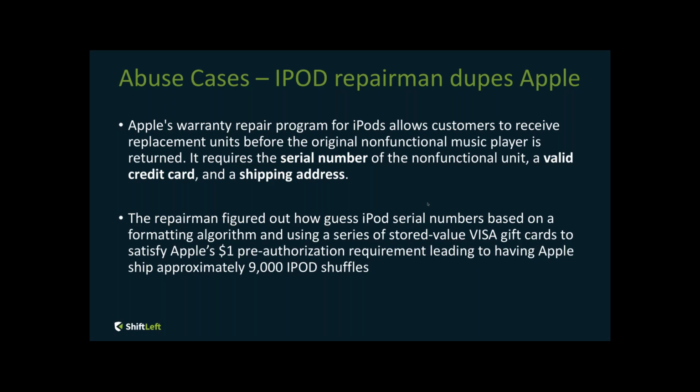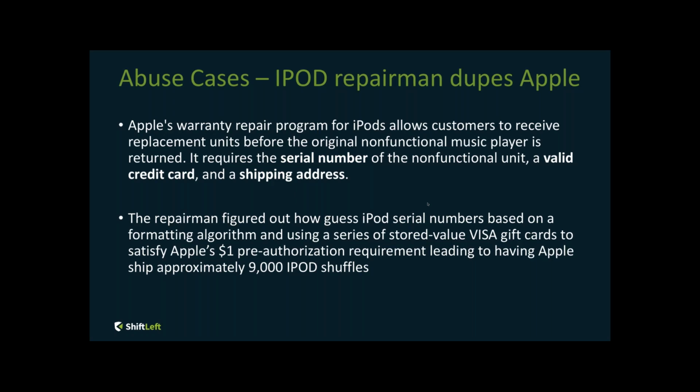So this repairman or partner figured out how to guess iPod serial numbers, based on a certain formatting algorithm, because this formatting essentially contained the highest significant bits to be a predictable sequence, and a certain set of numbers after the prefix described the type of the unit, followed by the color of the unit. So in a sense, he could guess what the subsequent serial numbers could be.